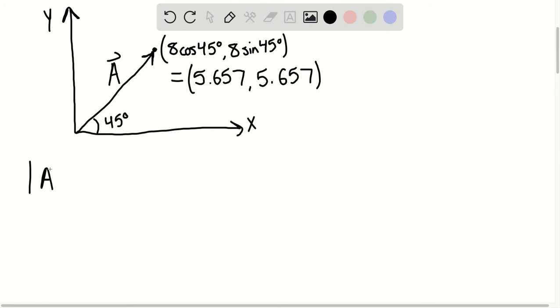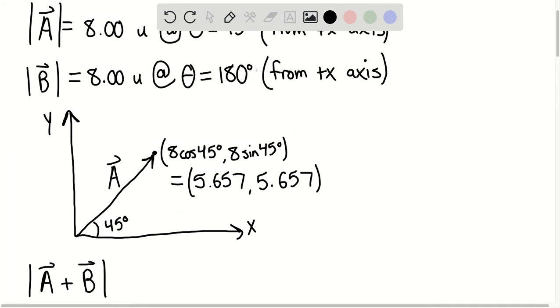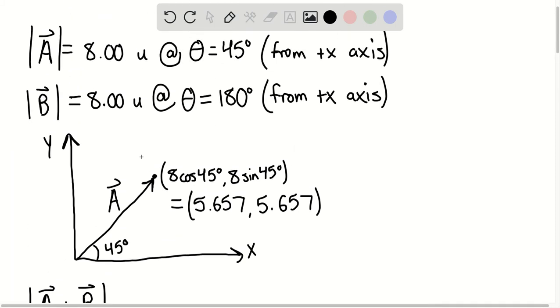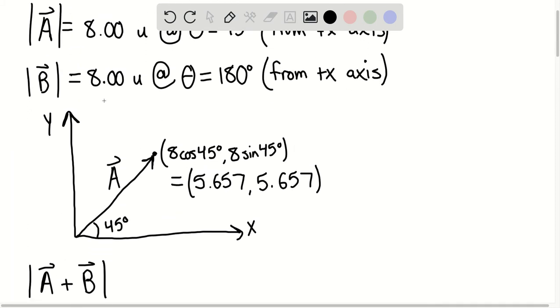So when we add these vectors, we would like to find the magnitude of the sum of these vectors. And so we can first say that here, if vector A leads us to 5.657, vector B would then be -8 in the x direction.